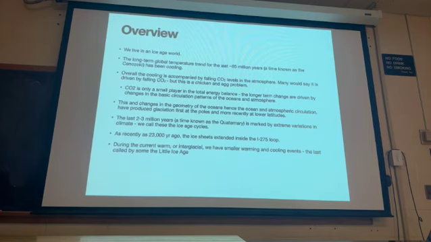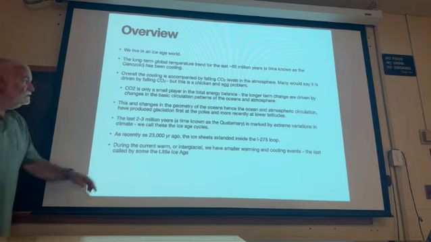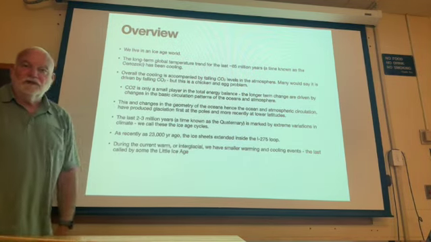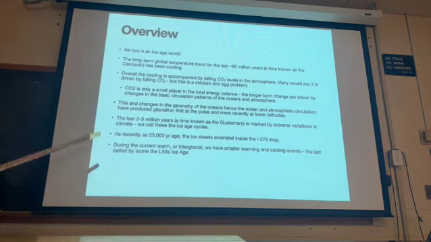And this is the theme I'm going to keep coming back to. You change the configuration of the ocean or the atmosphere, or in tandem, and it's usually more in tandem. Then you change the temperature. And this gets back to my nonlinear systems business. So CO2 is a player in there, and we're putting it on a pedestal and focusing on it as being the be-all and end-all, but it's not.